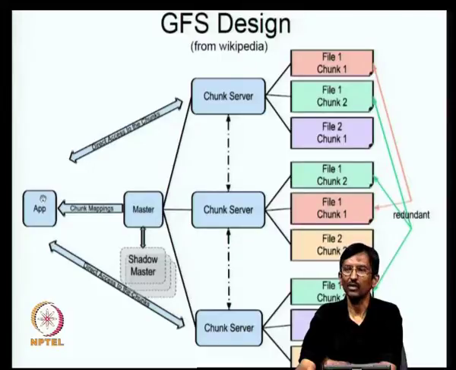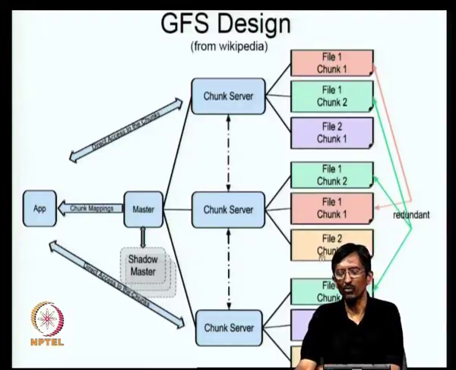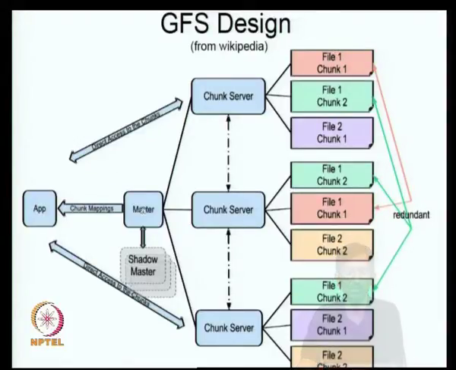Basically, the application tries to figure out a given file is chopped up into multiple chunks, and they are stored at multiple nodes. And the first thing to do is, if there is a file, you talk to the master and find out where the chunks are, and the application can directly talk to those chunk servers without going to the master to get the file chunks.